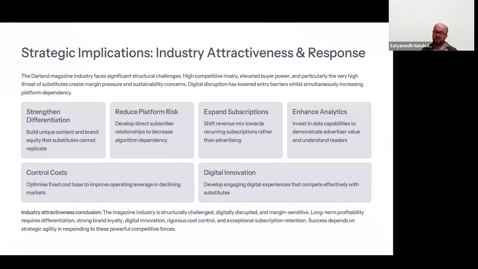So, see, the industry is structurally challenged, and there is a lot of disruption that is happening because of digital news and digital magazines and all of that. So, if you want to survive in this market, I think one of the ways to do that would be to have digital innovation, cost control, and increasing your subscriber base.